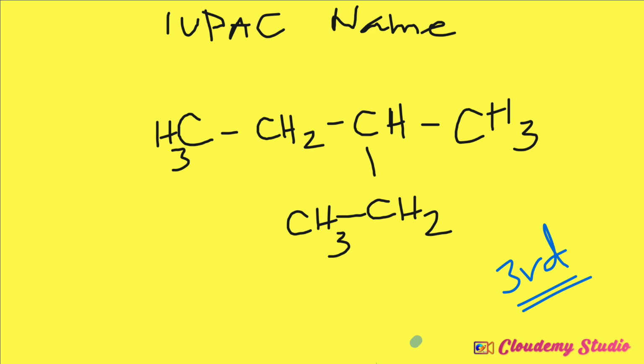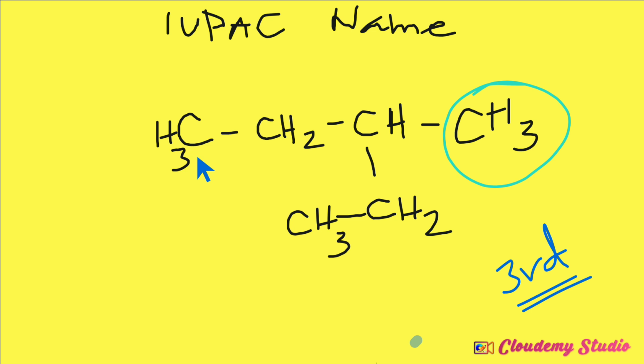The substituent is this CH3, that is the side chain. It is present at the third carbon atom. So from this end also the same carbon atom, the third carbon atom only, has a substituent. If we start from the top end also, the same carbon atom has a substituent.